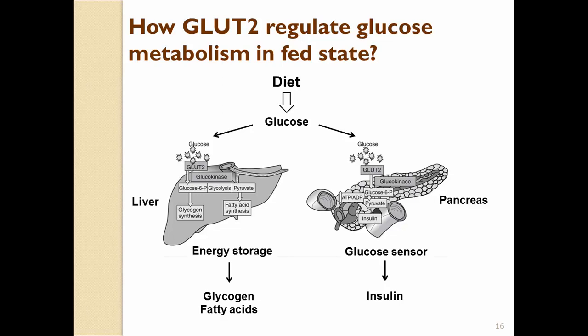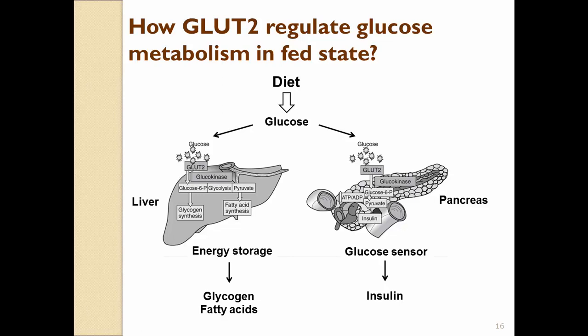Group 2 is a glucose dependent transporter. That means a high glucose level can activate group 2 activity, so group 2 can take up high levels of glucose into the liver and the pancreas.